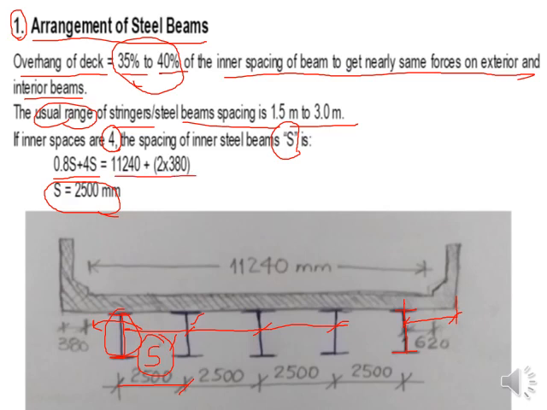So if you see from the top of the bridge deck, these values are known to us. This value from curb to curb, this roadway width, is given to us. So this is 11,240 millimeters. We are well aware of this value, and this curb is equal to 380 millimeters.